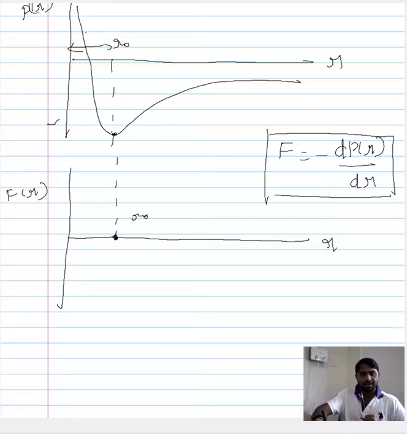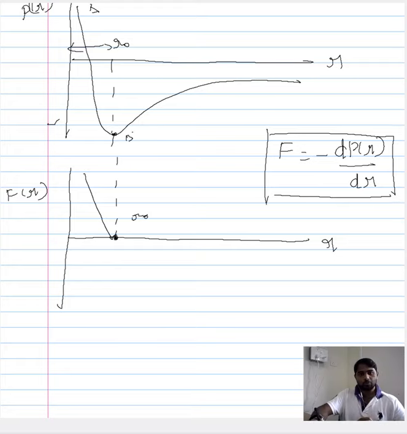Now this is an asymmetric curve, and here we have a decreasing slope, and since you have a negative sign, this is confined to the positive quadrant. So the region between A and B is confined to the positive quadrant, and then you have a gradual increase in the slope, which then tends to 0 as the curve becomes smooth.